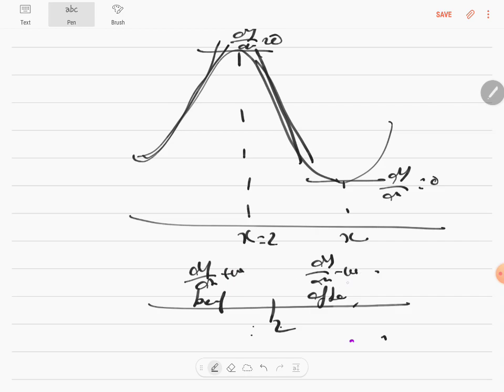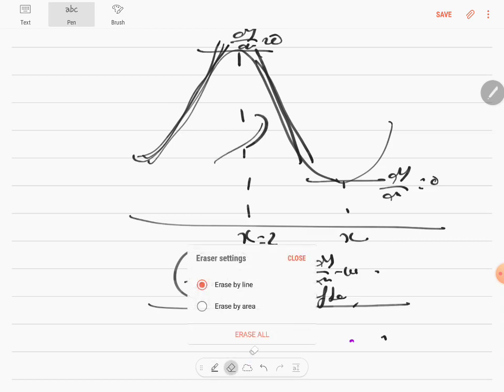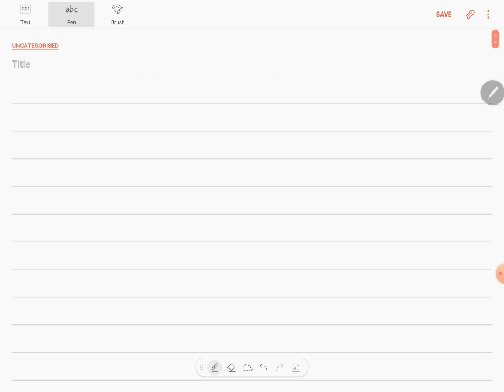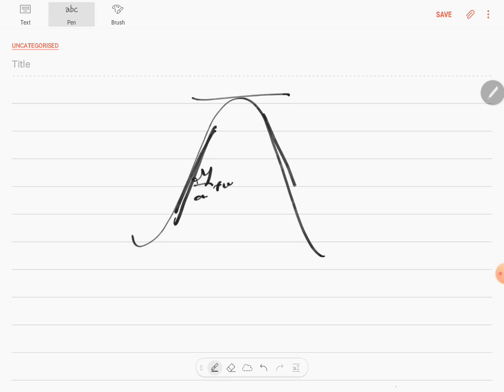So you understand that in a maxima, the left side will be increasing, so dy by dx will obviously be positive, and the right side the dy by dx will be negative.